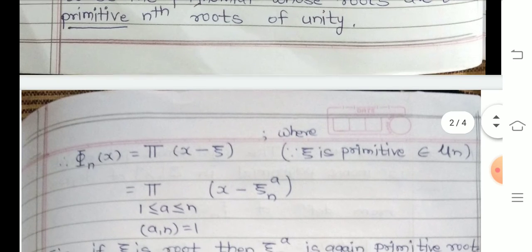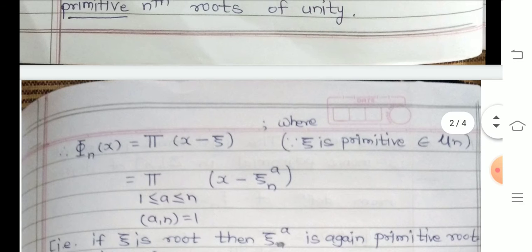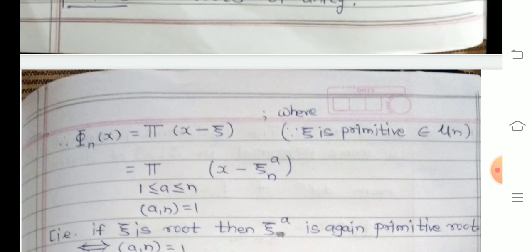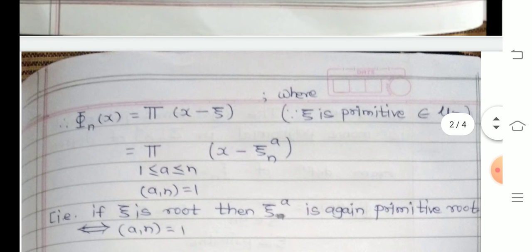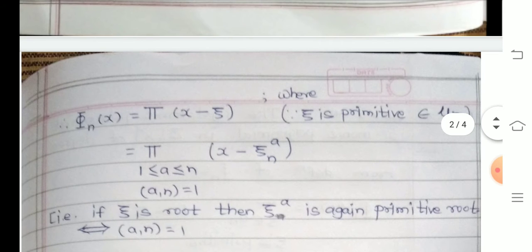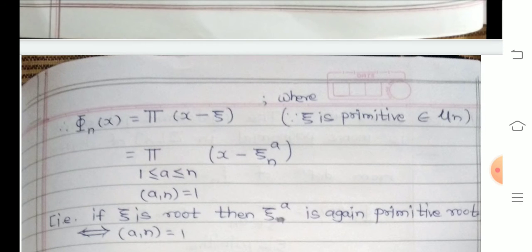Suppose a is a root of some cyclic group, then a^n is also a generator if and only if GCD(a, n) equals 1. This result implies that phi_n(x) equals the product over 1 less than or equal to a less than or equal to n with GCD(a, n) equal to 1 of (x minus xi_n^a).